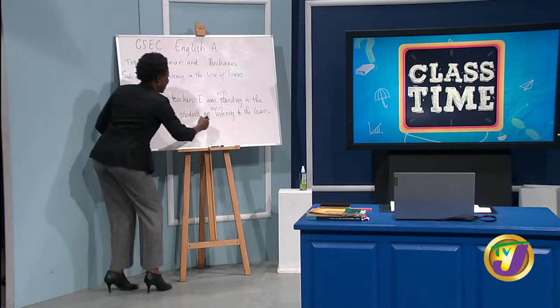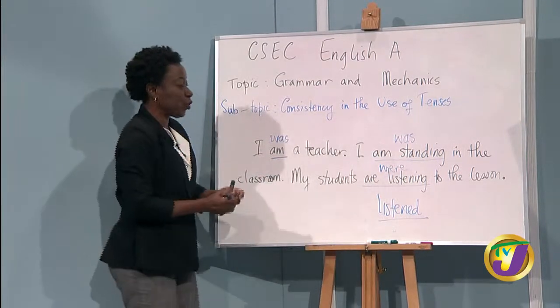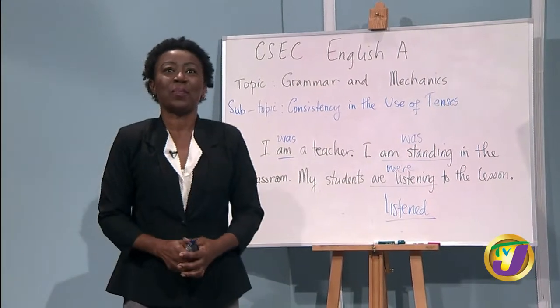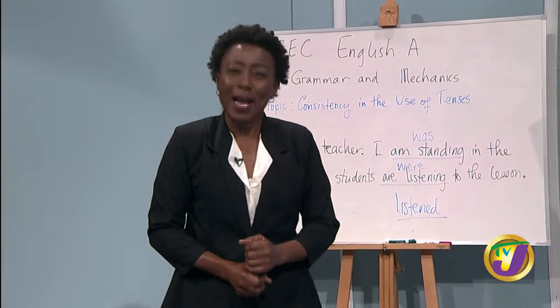If I say listened, I have switched my tense. I am not consistent. We are going to take a break, a quick break, and we'll be right back with more.